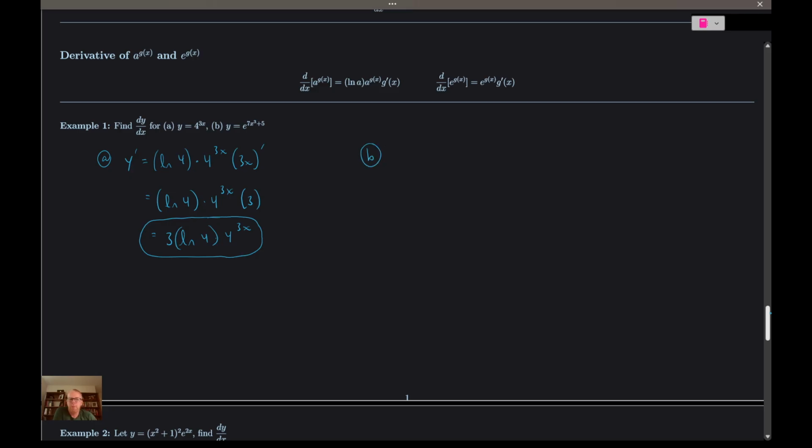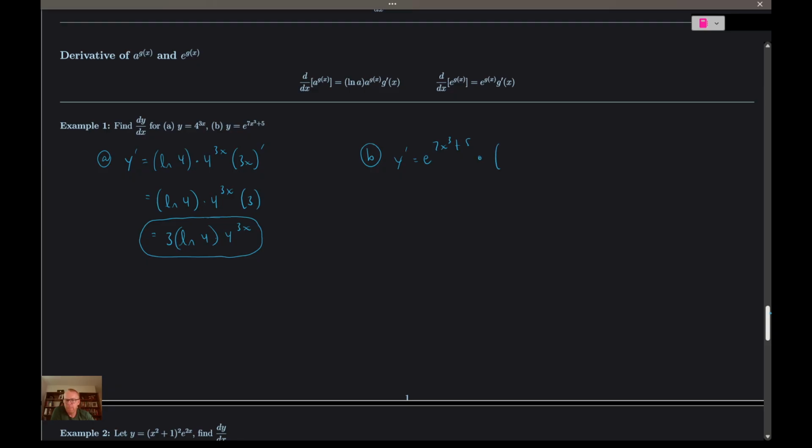If we have y equals e to the 7x cubed plus 5, if it's an e base, you can always just rewrite that: e to the 7x cubed plus 5. Now, we have ln of e, I guess. So no matter what the base is, you're going to multiply by ln of the base. But when it's ln of e, then obviously that's just 1, so we don't need to write that.